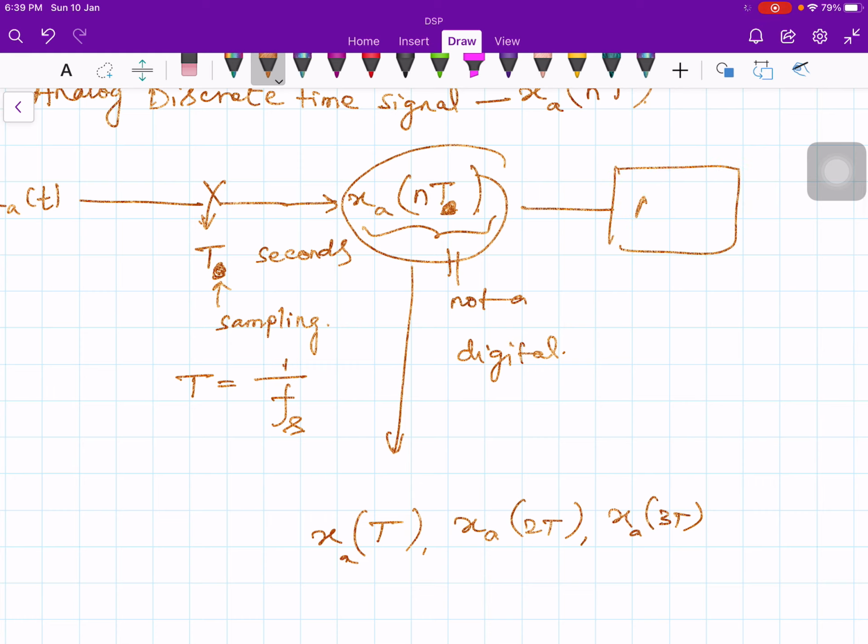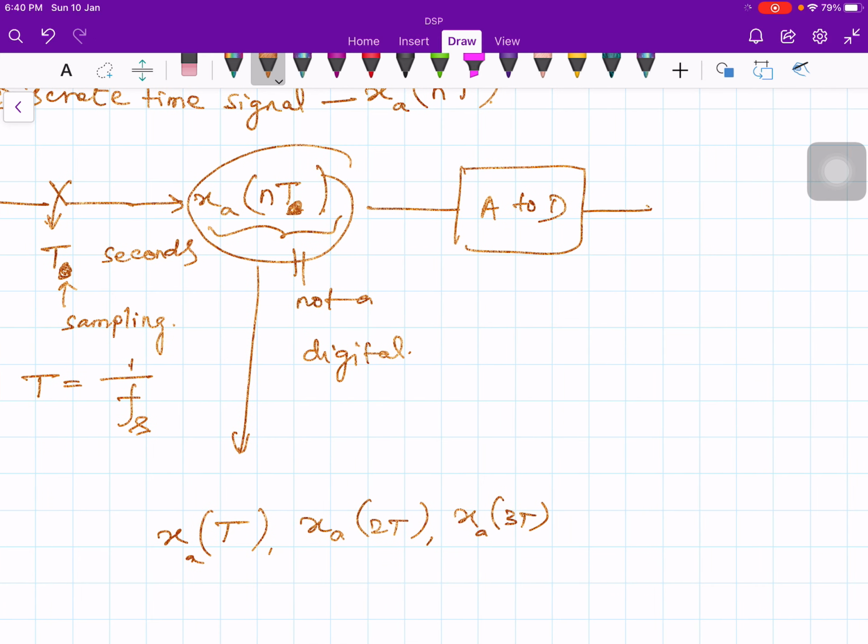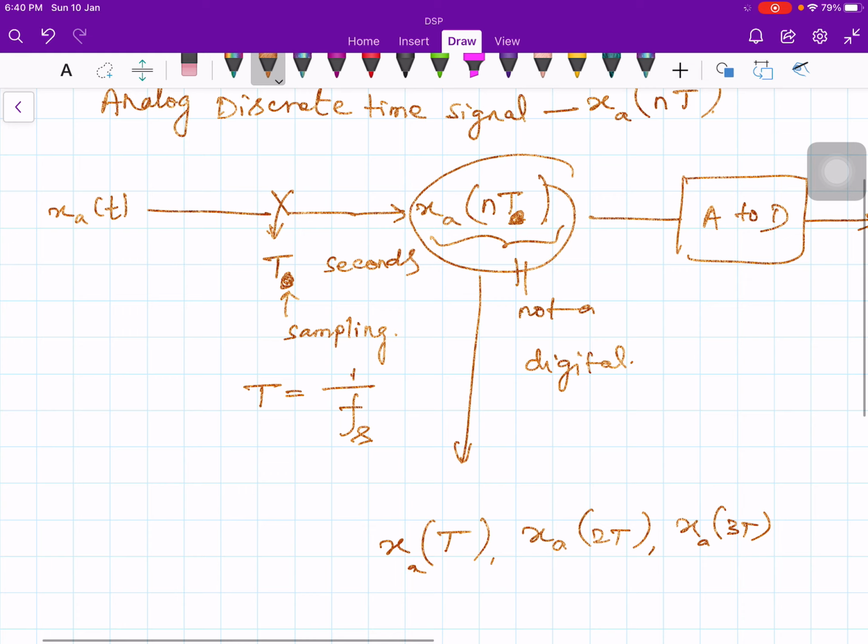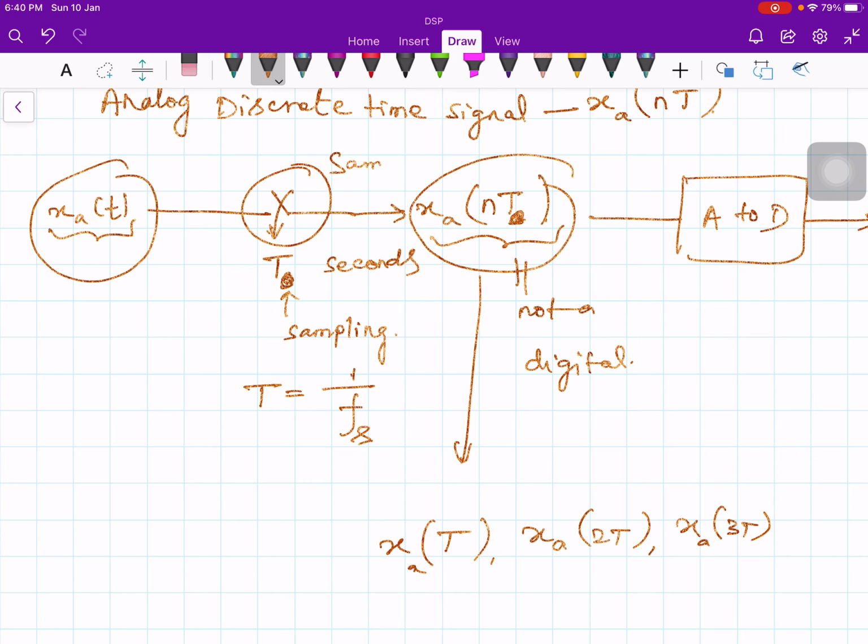Give it to the A to D converter, analog to digital converter, and what you get at the output is a truly digital signal, and that truly digital signal we are going to denote by x of n, that's it. So originally we started with the analog signal x suffix a of t. You do the sampling, this process is sampling.